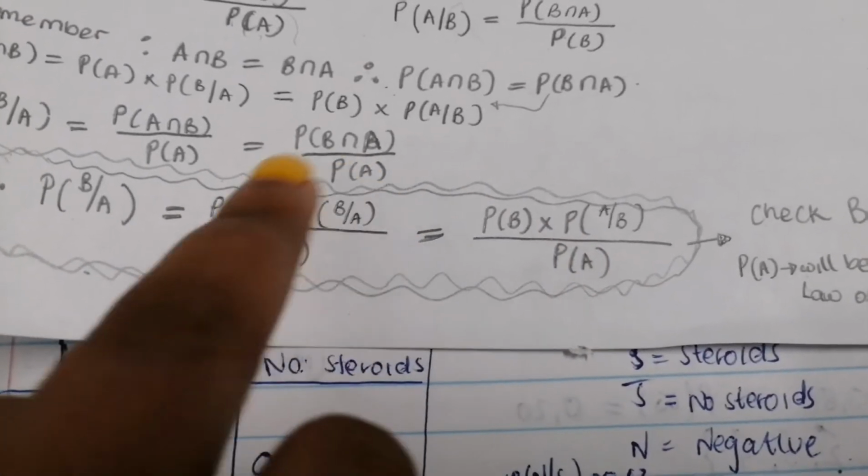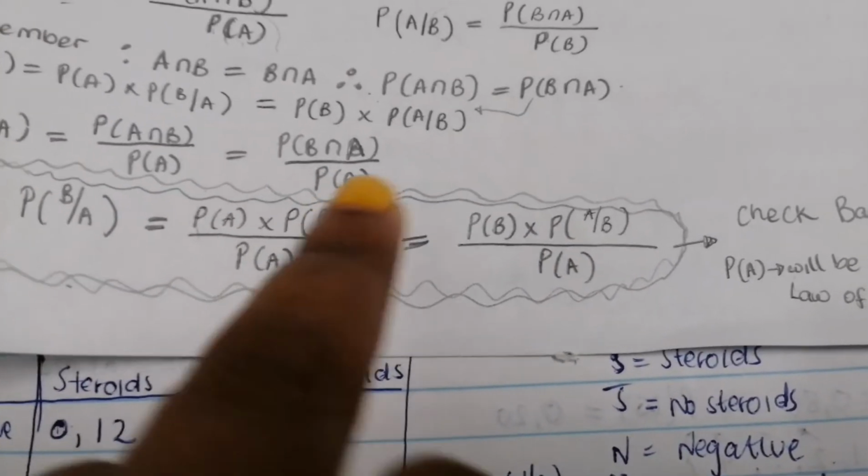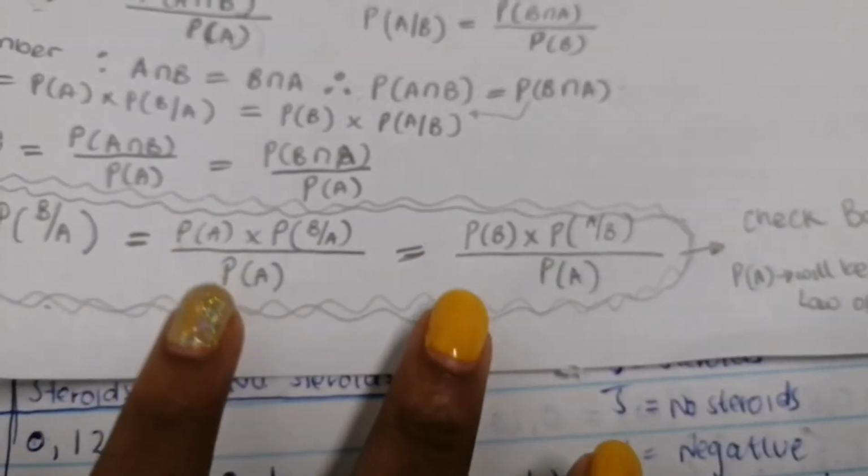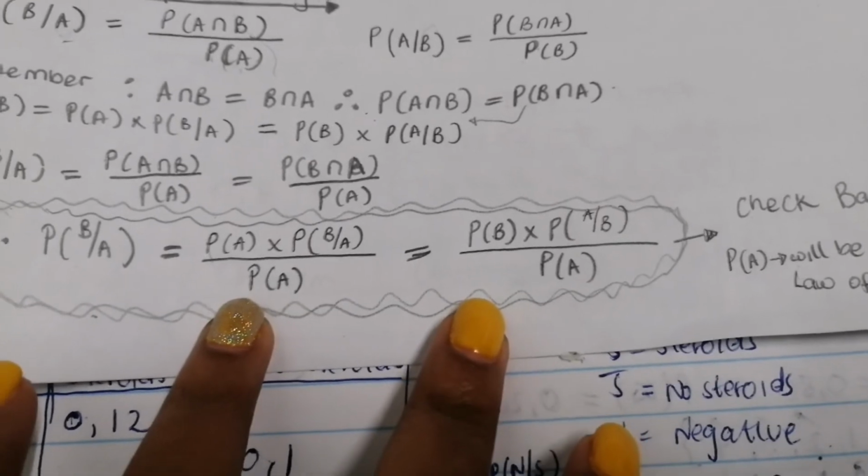You can't use the other formula because the unknown is there, so you use this one. Here it was just to show you that these are the same.